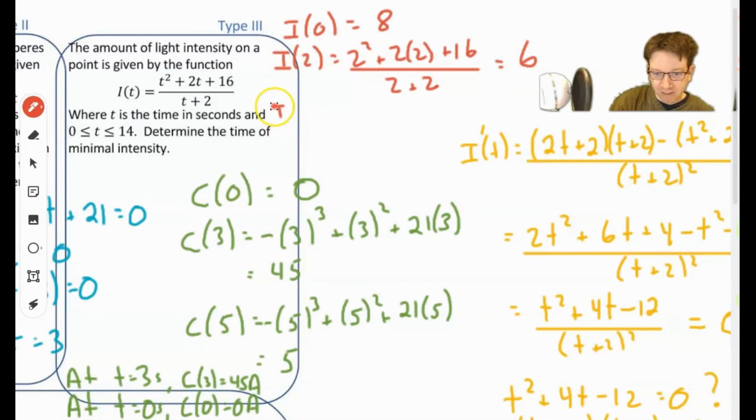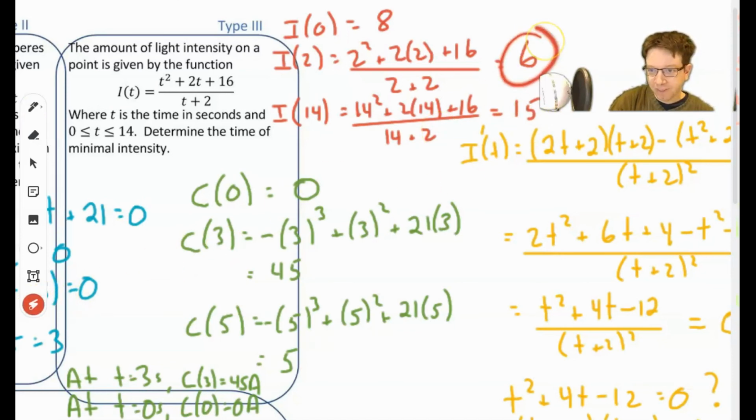And finally, our other endpoint, 14. If we test 14, we get 14 squared plus 2 times 14 plus 16 all over 14 plus 2, and if we do that, we get 15. So where's our minimum point? There's our lowest value. Therefore, the minimum occurs where t equals 2 seconds and has a value of 6.